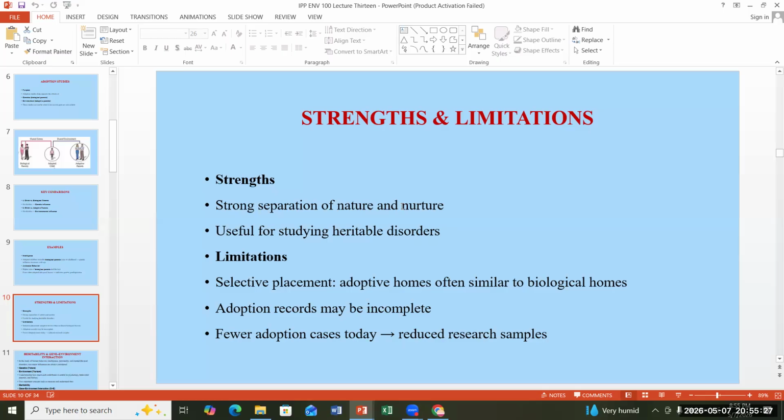But if a blood relative has adopted the child, for example a maternal uncle or paternal uncle, do you think the adoptive environment will be different from the biological parents? Will the nature and nurture be different if a child has been adopted by a maternal uncle, maternal aunt or paternal aunt, blood relatives?